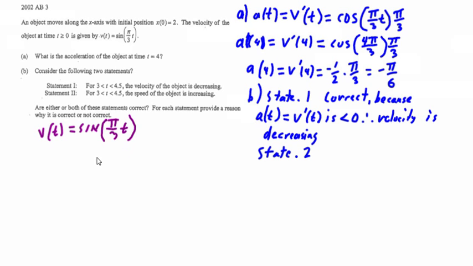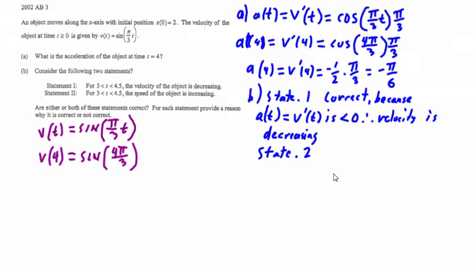Well, let's go ahead and we're going to plug in. We'll find v of 4. We already have a of 4, right? Or v prime of 4. So we're going to say v of 4 is equal to sine of 4 pi over 3.